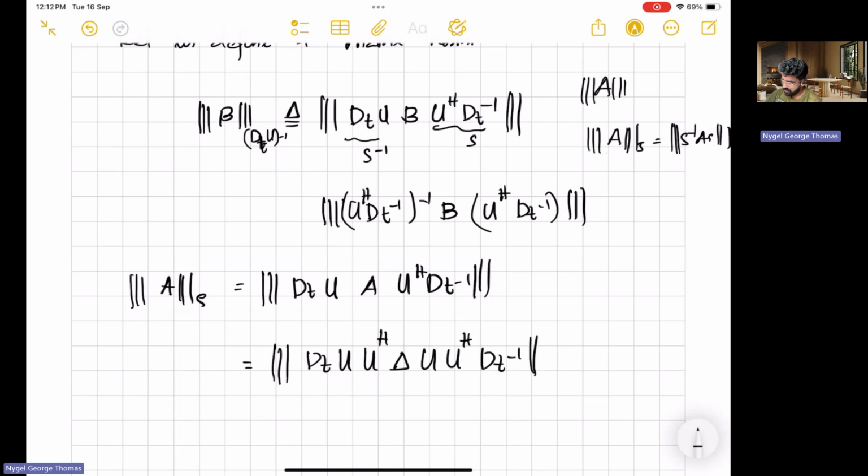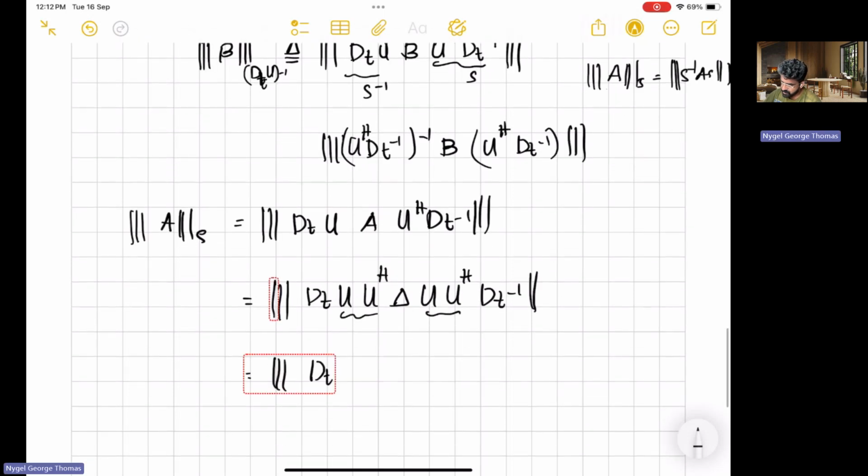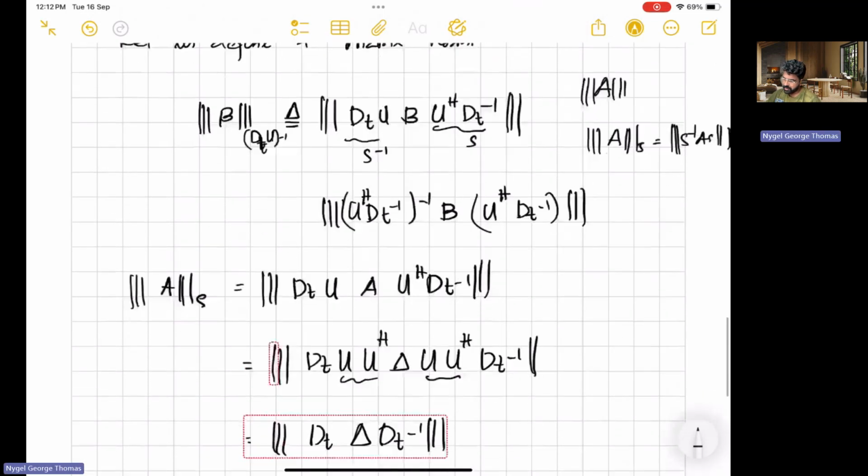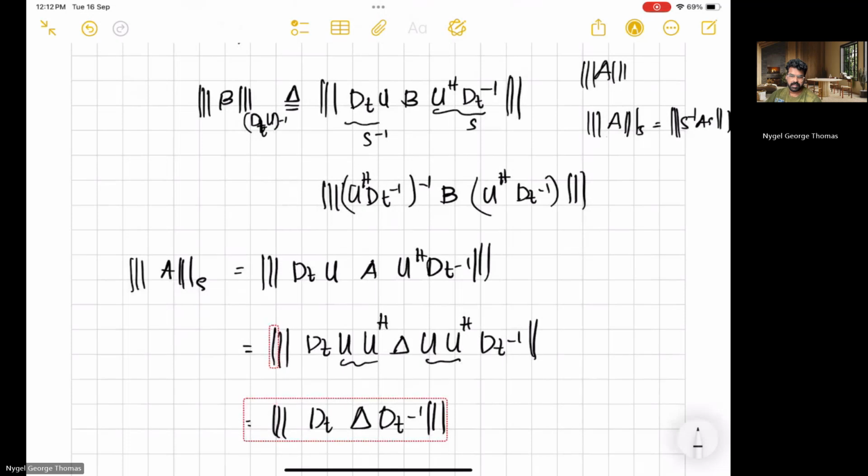Since it's a unitary matrix, U Hermitian U is equal to identity, which gives you D_t Delta D_t inverse. Here it could be any norm.